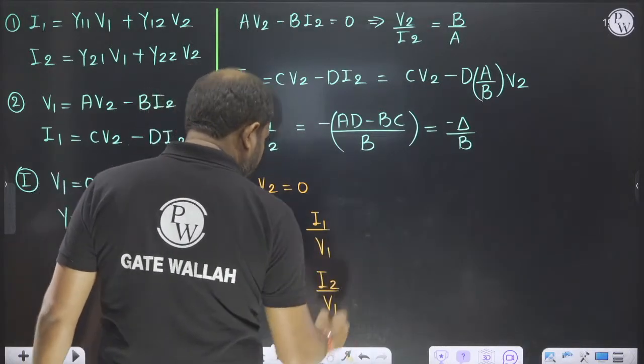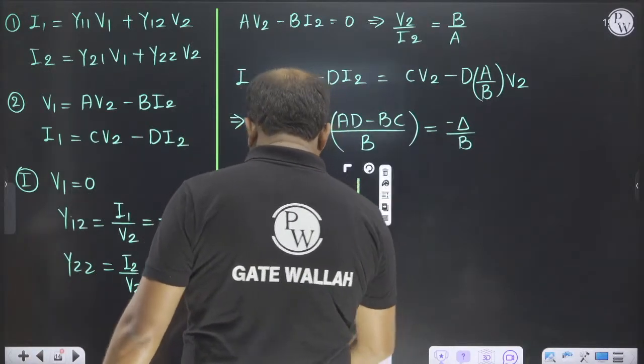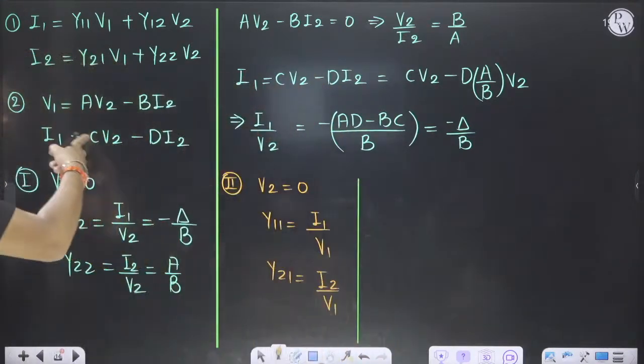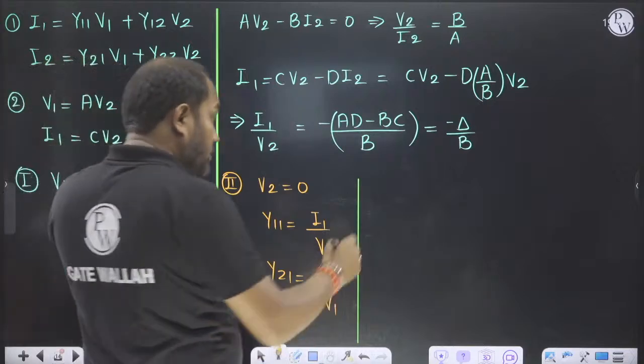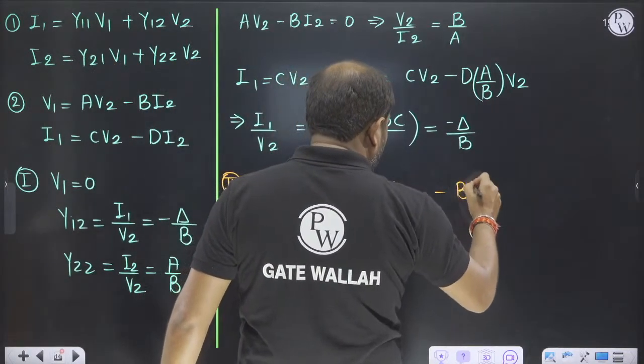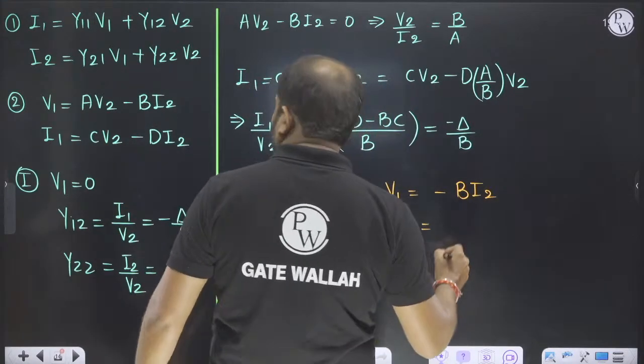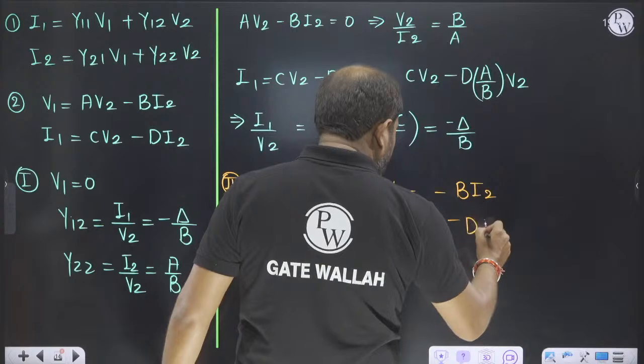Yes. Then we have V2 equal to 0. I will make V2 equal to 0, so V1 will be equal to minus B I2 and I1 is equal to minus D I2. Yes sir.